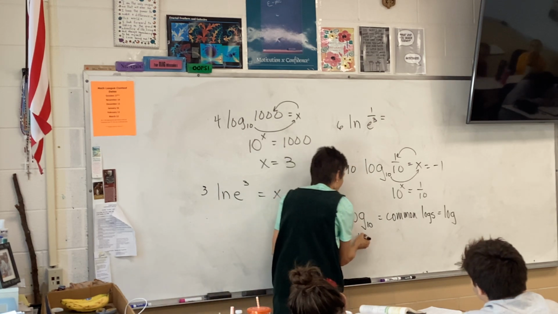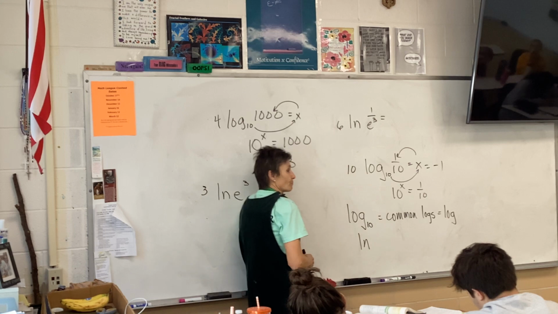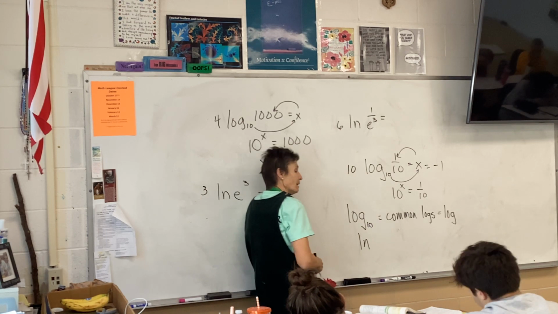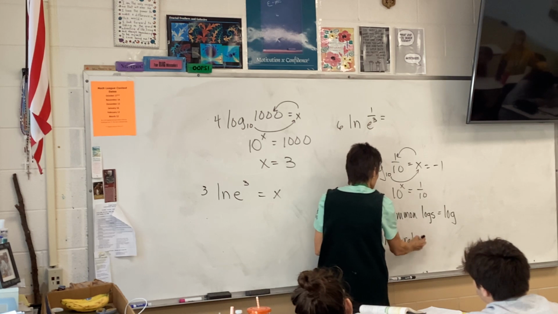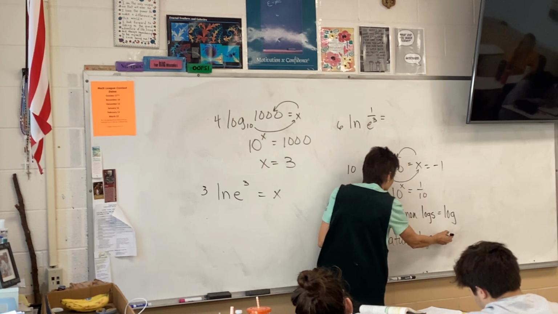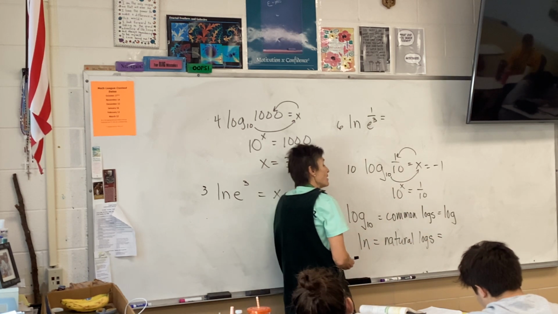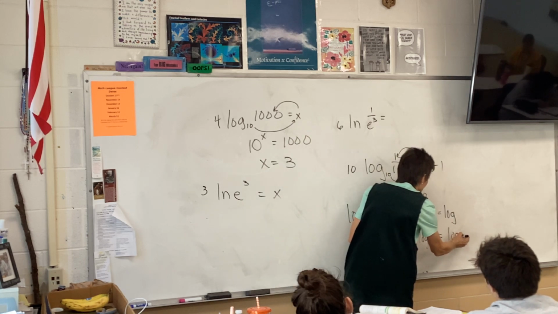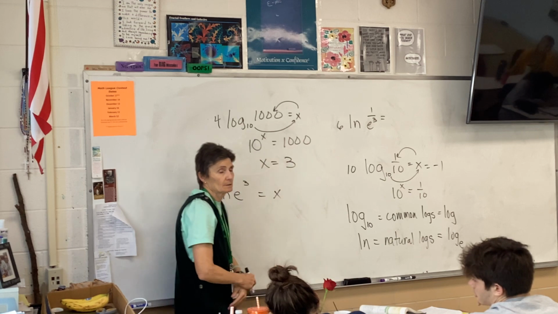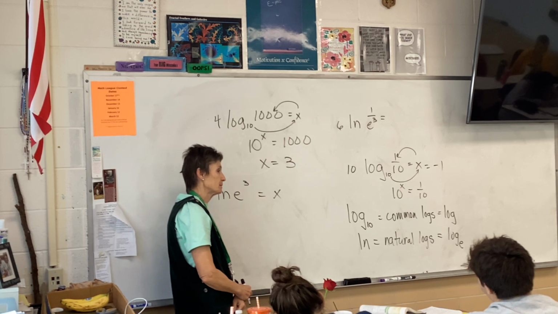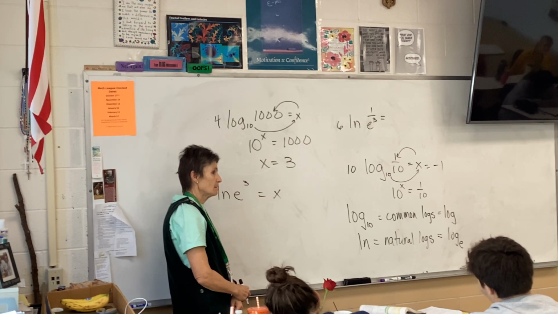Now, what does ln mean? Well, the symbol ln means natural logarithms, and their base is e, the number e, 2.718, the number e. Bless you.